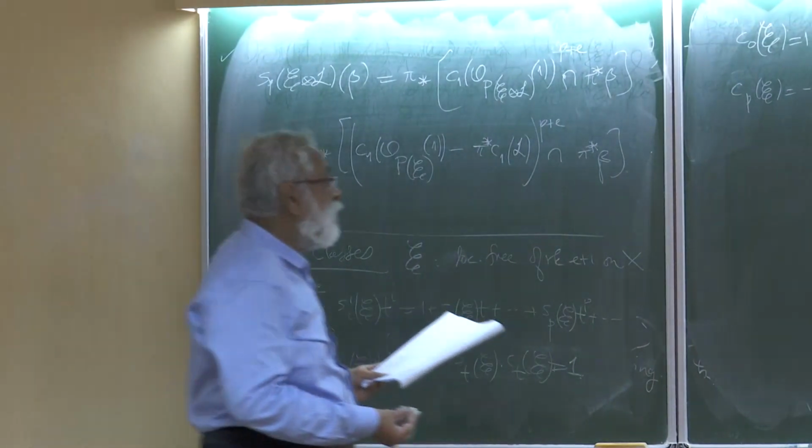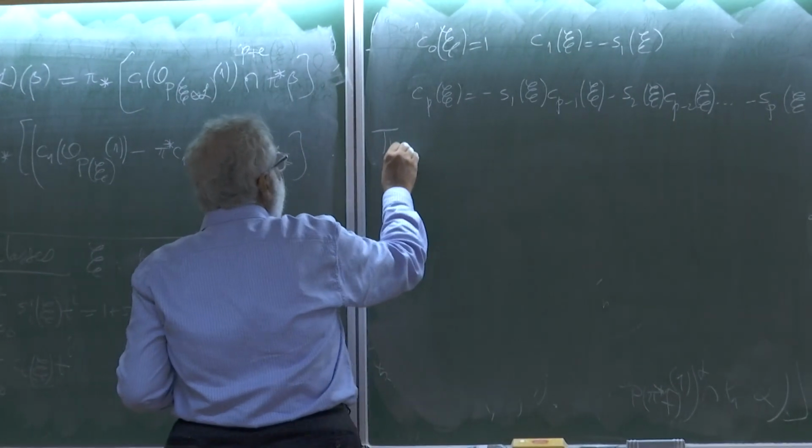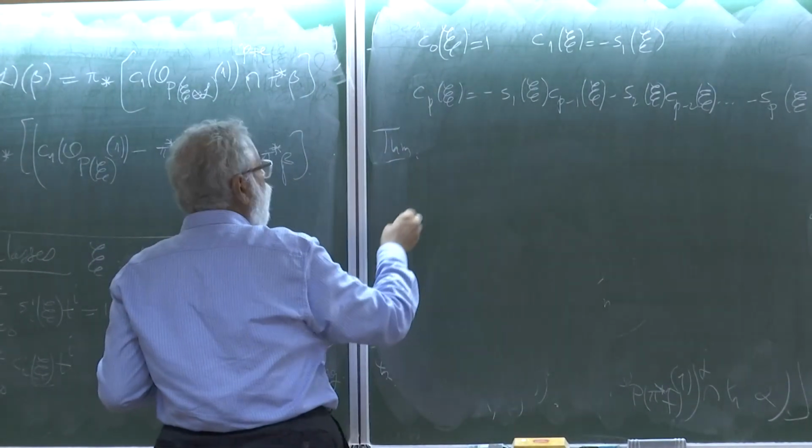Okay, so then the theorem is that these Chern classes have the properties that we expect. Let me write down the statement.